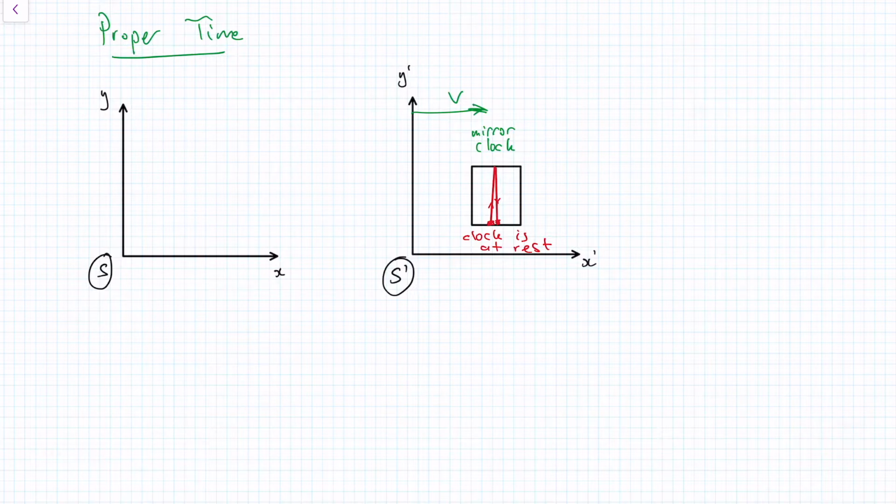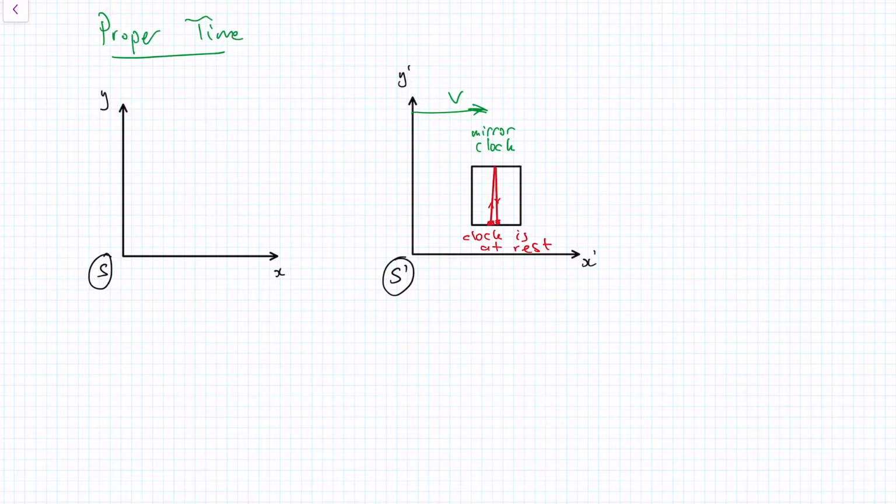And the other thing to notice here is that when the experiment is going on here, a photon is emitted and then it is detected. You have emission and detection there. One thing to realize is that both these events are measured by the same clock.